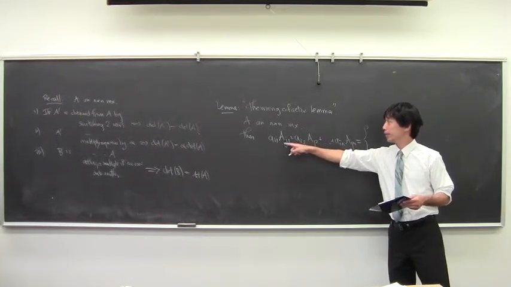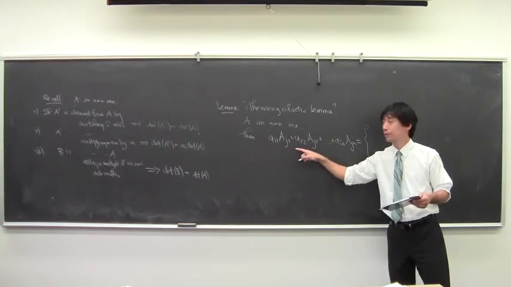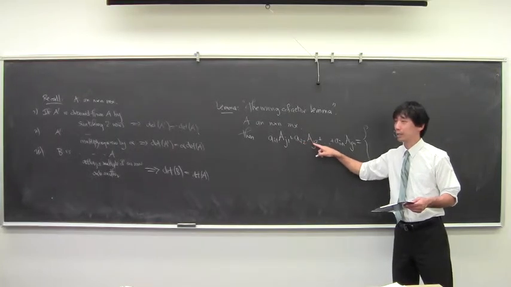If i and j are the same, then we're taking the cofactor expansion of the determinant down a row. Like we get a_i1 A_i1, a_i2 A_i2, blah, blah, blah.